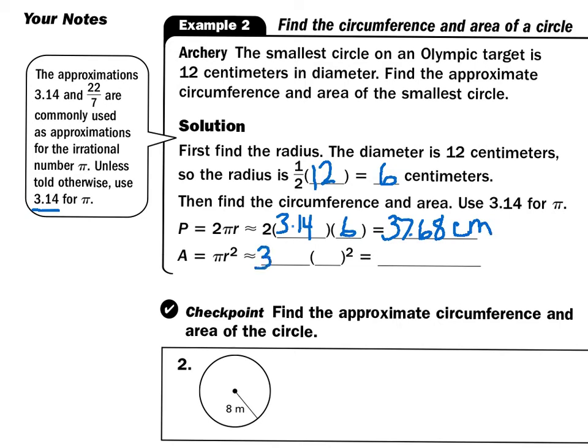Area is pi r squared. R is 6 again, so 36 times 3.14, 113.04. Area is always squared. Okay, checkpoint. Do those two, and then start again.